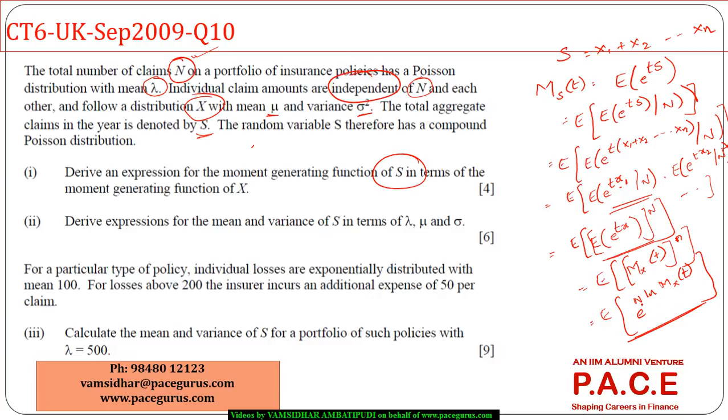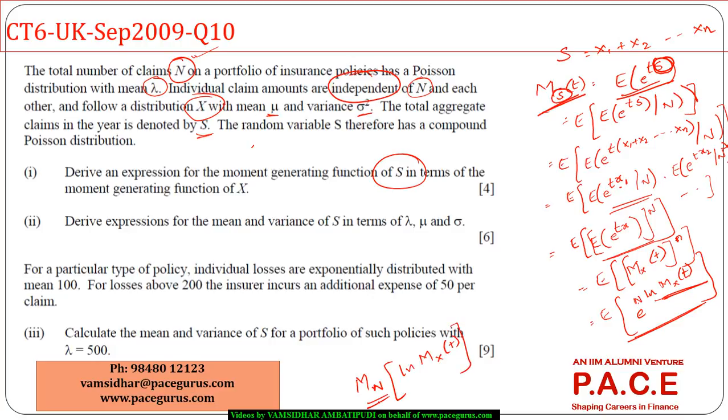Now if you see, the moment generating function of S at t is the expected value of e to the power of tS. Similarly, if I am looking at N instead of S, this becomes MN, and instead of t I am looking at the remaining stuff. So instead of MN of t, it becomes MN of log MX of t.